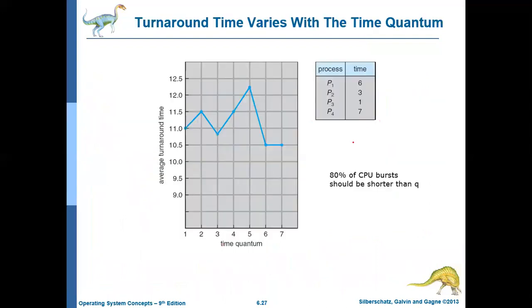So we'll stop here. What we have discussed is the round robin scheduling algorithm, which is a preemptive scheduling algorithm where every process gets an equal time quantum, and once the time quantum expires, the CPU will context switch to the next process.